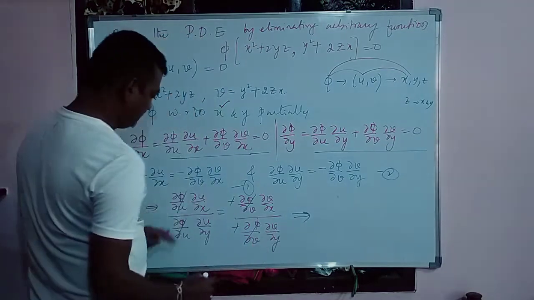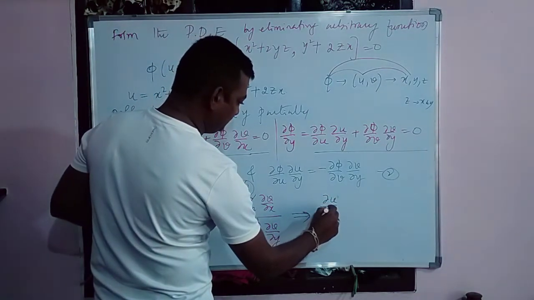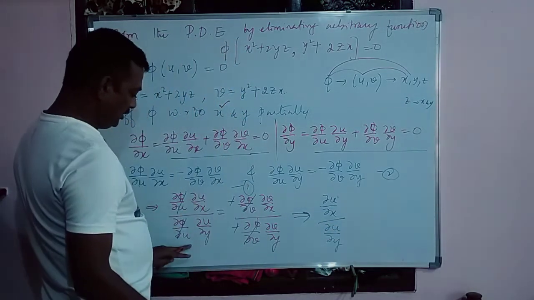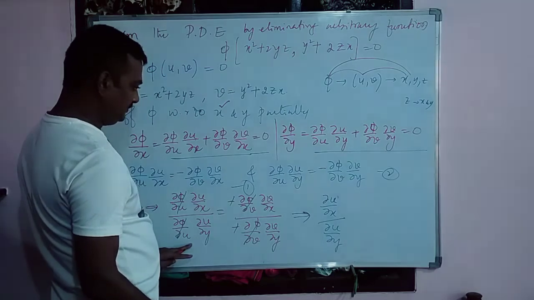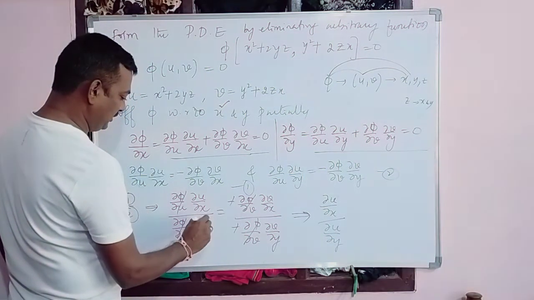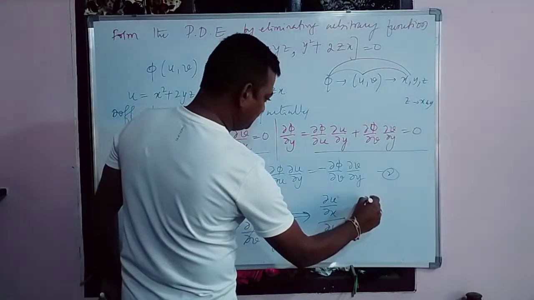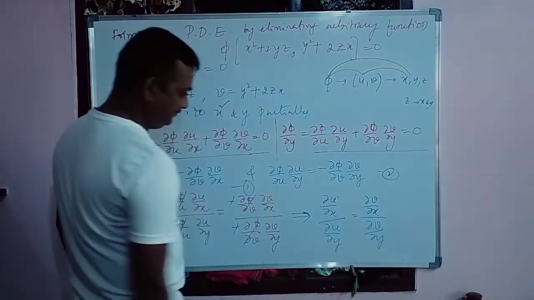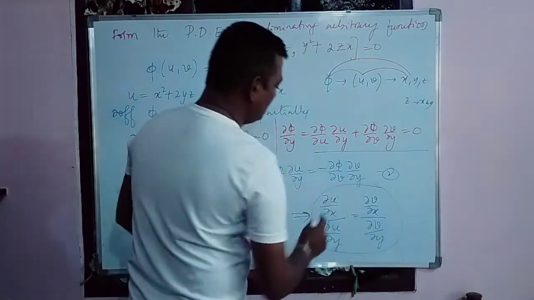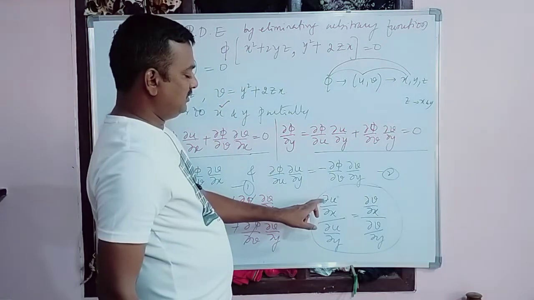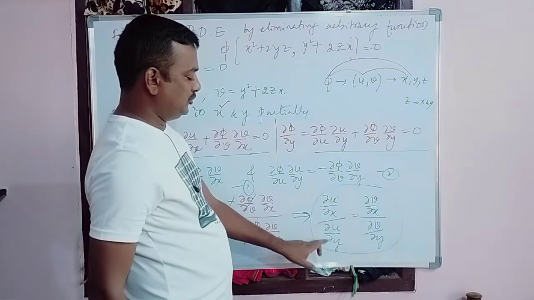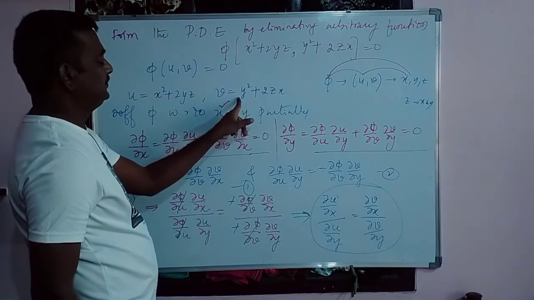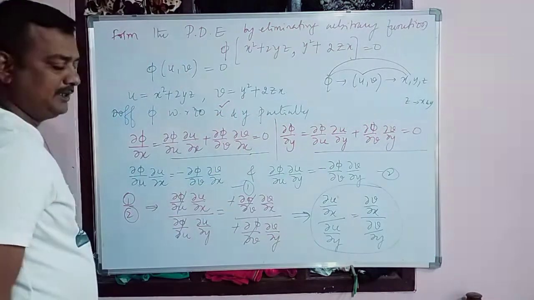The result is dou u by dou x divided by dou u by dou y is equal to dou v by dou x divided by dou v by dou y. Means we need to find dou u by dou x, dou u by dou y, dou v by dou x and dou v by dou y by using these two, and substitute here. Okay, now let's proceed.